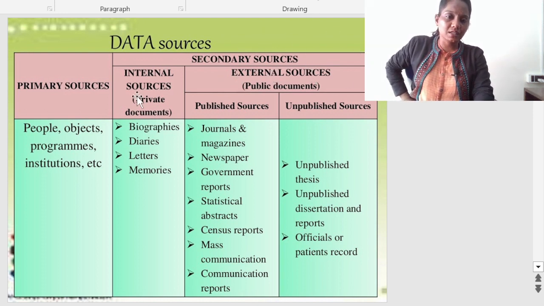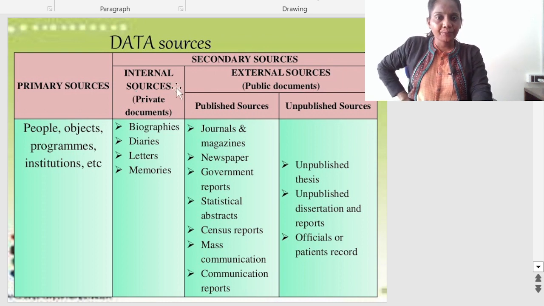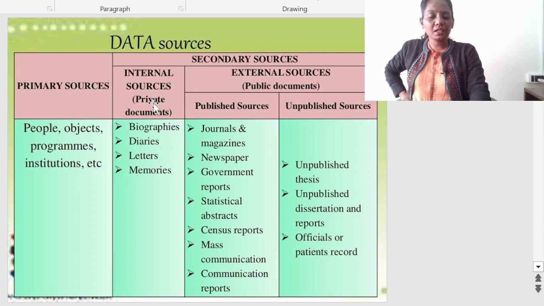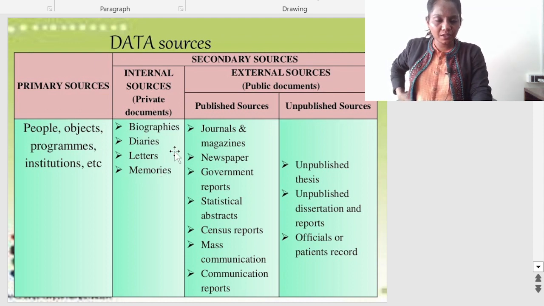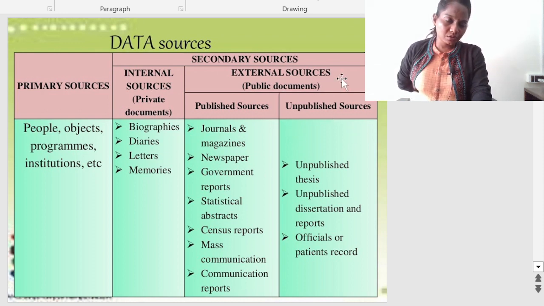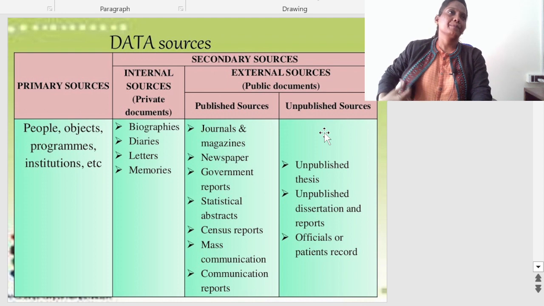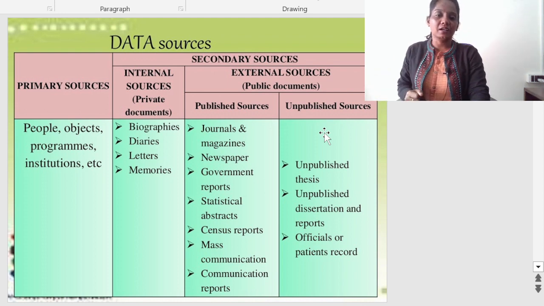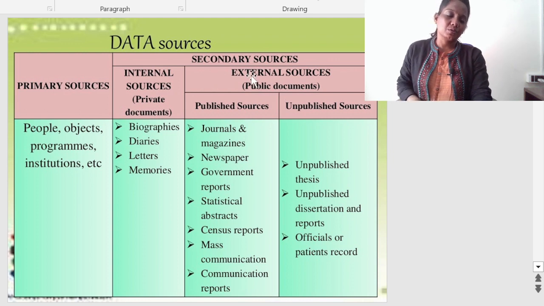Again, secondary sources are divided into two types: internal sources and external sources. Internal sources means which is available within our institution or within the programs, like biographies, whereas external sources means published sources. Suppose I publish one project on the internet, that is called a published source.